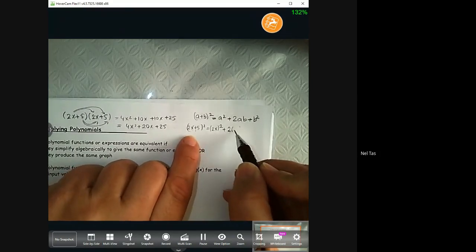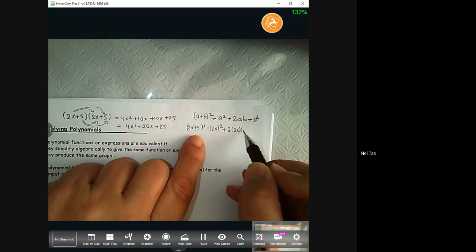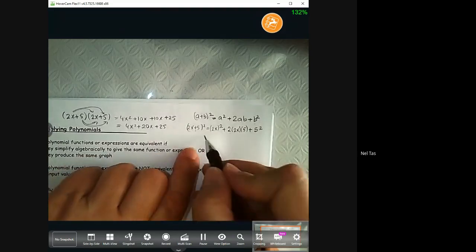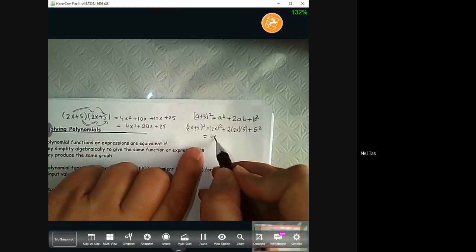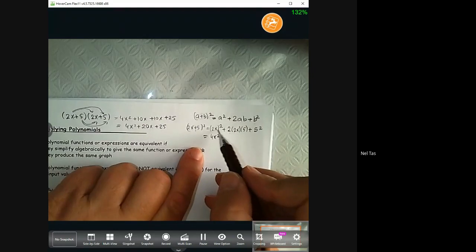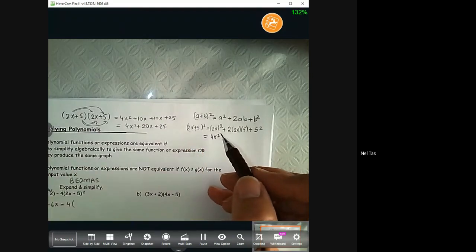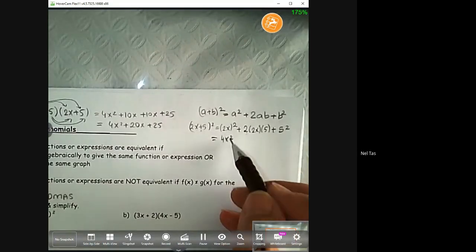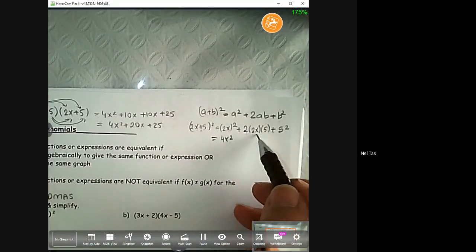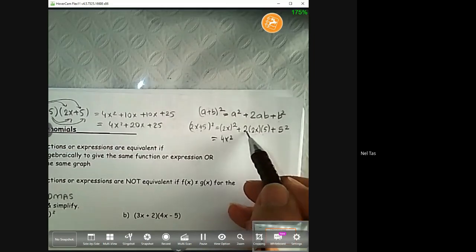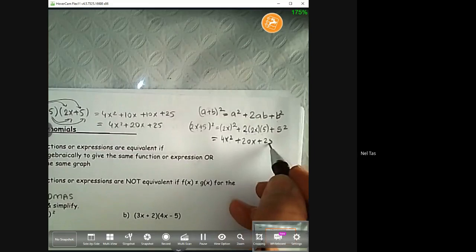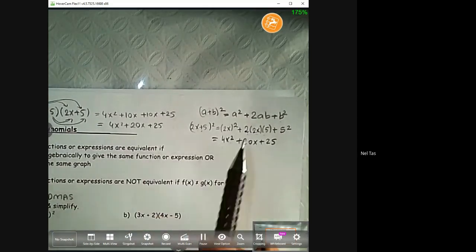Okay, 2 times first term 2x, last term 5, plus square of the last term, so 5 squared. So that gives you 4x squared when you're taking the square of the 2x. So you square 2 and you square x. So you get 4x squared plus 20x plus 25. So you get the same results.